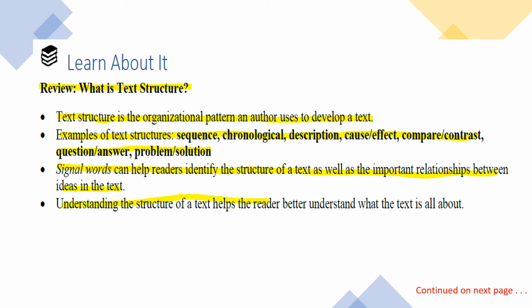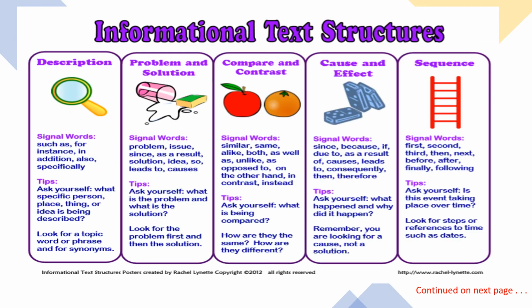Understanding the structure of a text helps the reader better understand what the text is all about. So here again are just some ways that you can look for your description, problem and solution, compare and contrast, cause and effect, and sequence. And you can see that there are different signal words and tips of things that you could ask yourself if you're not quite sure which text structure it is.